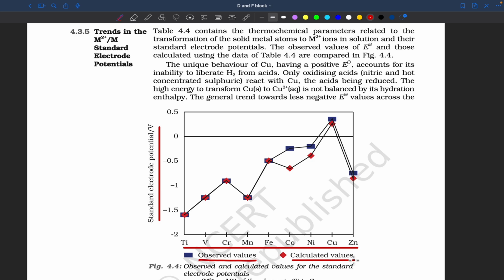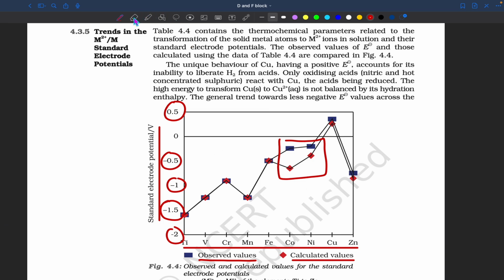Observed and calculated values are almost the same. Only for cobalt and nickel the two don't match, right? So once you check the y-axis, the scale starts from -2, -1.5, -1, -0.5, 0, +0.5, right? So this is it, okay?